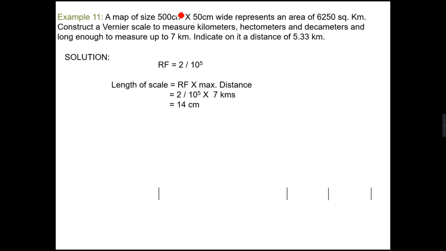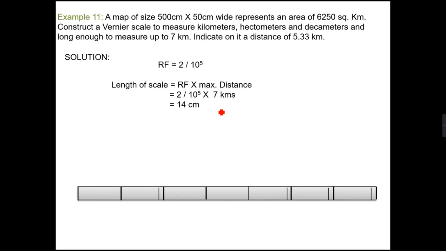After calculating the RF, we have to find the length of the scale, and the maximum distance that we have to show on the scale is 7 kilometers. Multiplying the RF with 7 kilometers gives 14 centimeters. So the length of the scale is 14 centimeters.